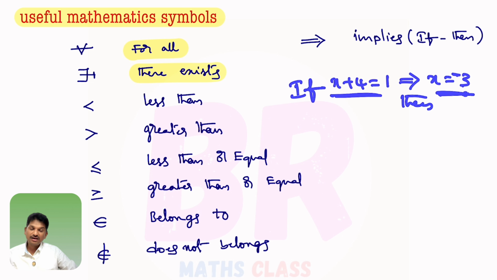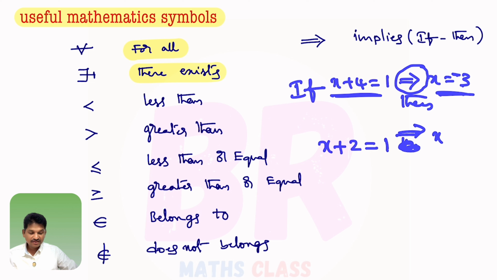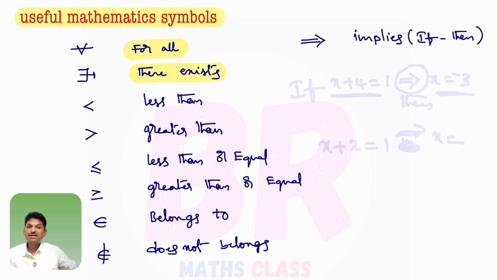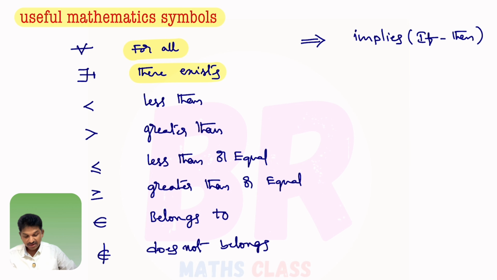Instead of if-then, we use only the symbol implies. This implies symbol is nothing but if-then.